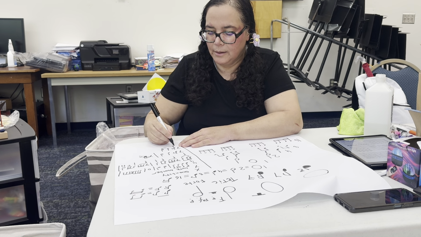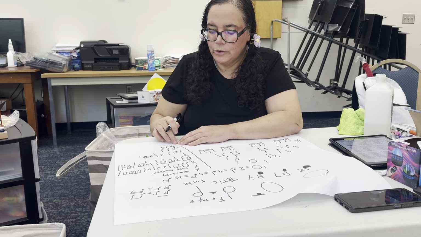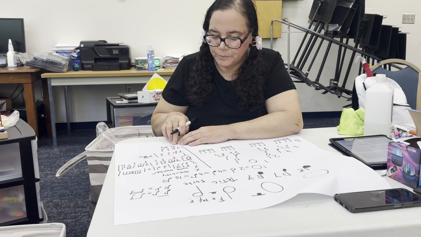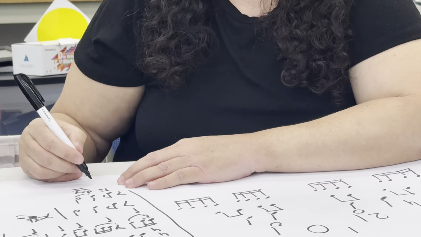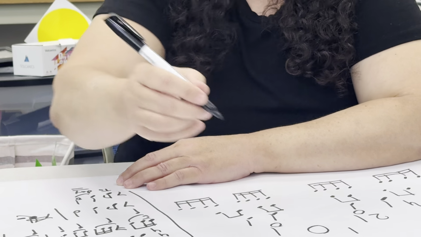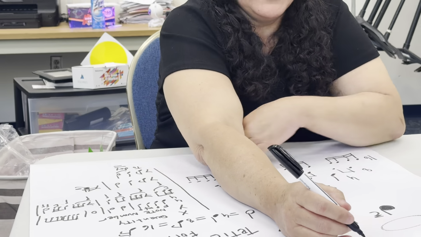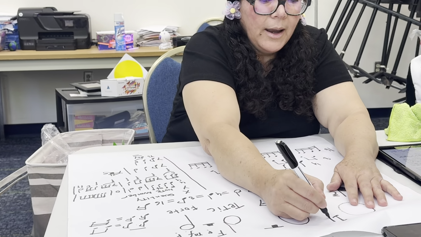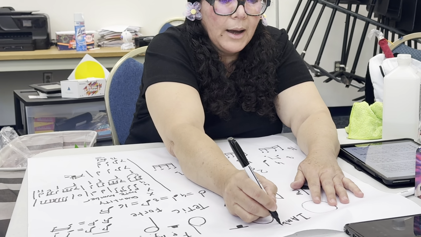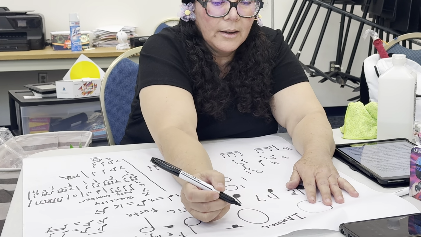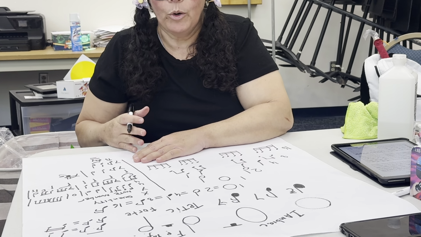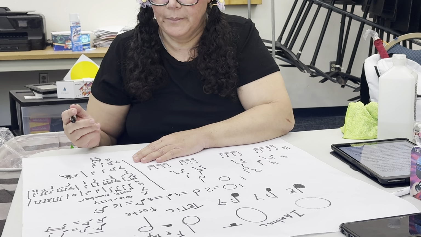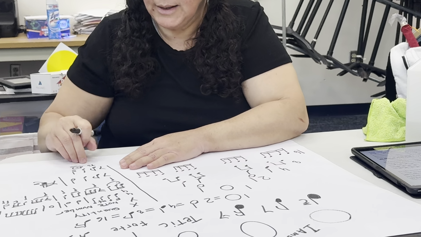Ta ta. So when you have the stress on the second syllable, they call it iambic. It's I-A-M-B-I-C. It means that the accent of the word is on the second syllable. Okay? So, ta ta, like here.